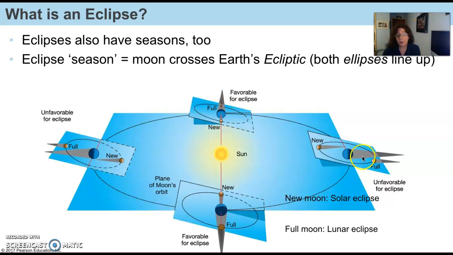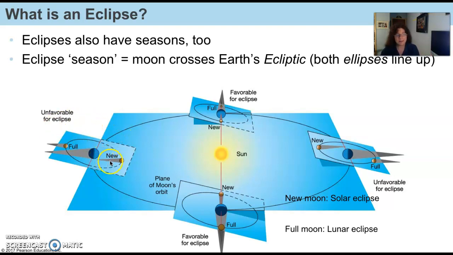It is the orbital path of the Earth around the sun, and the moon has its own version of its own ecliptic, but we don't call it that. We just say it's the moon's revolution around the Earth. And when those two revolutions meet up in a plane with the sun, then we call that an eclipse season.